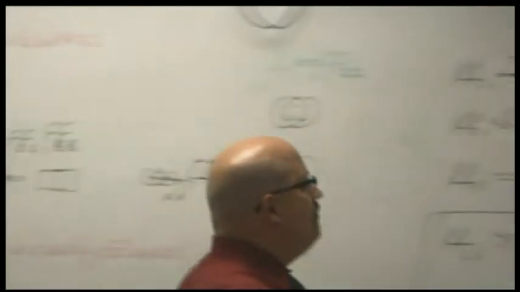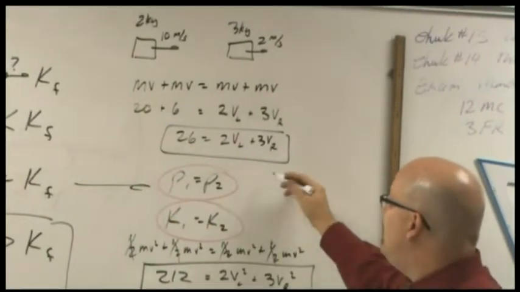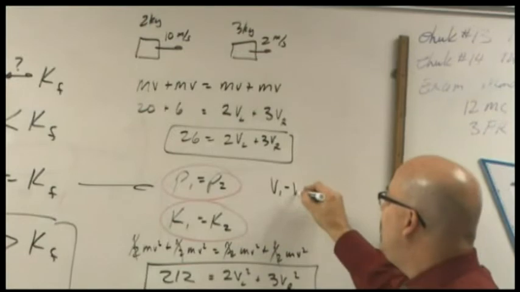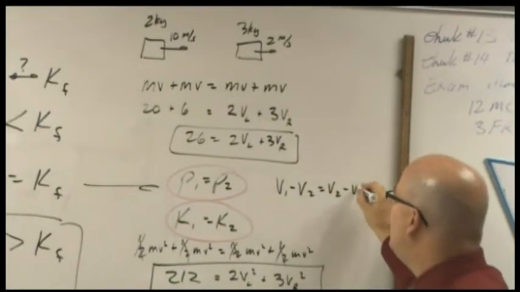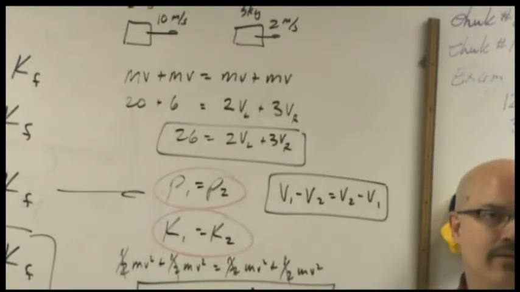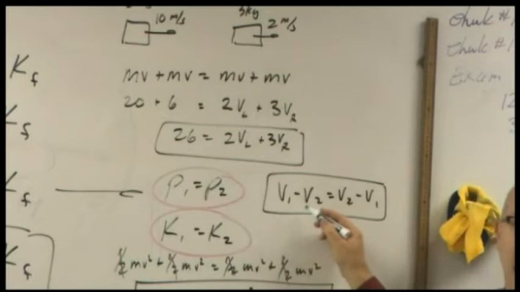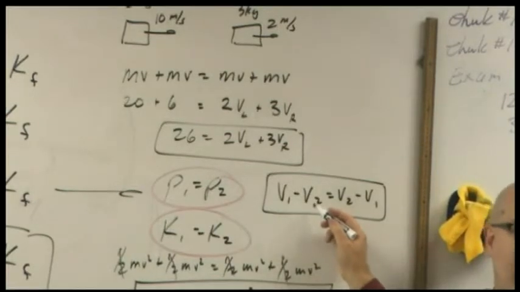All right, so everyone here. Really, you need to add another equation to your perfectly elastic collisions. It is V1 minus V2 equals V2 minus V1. Now, everybody, let me explain this. This is the velocity of object 1 minus the velocity of object 2. It doesn't really matter which order you subtract them in.